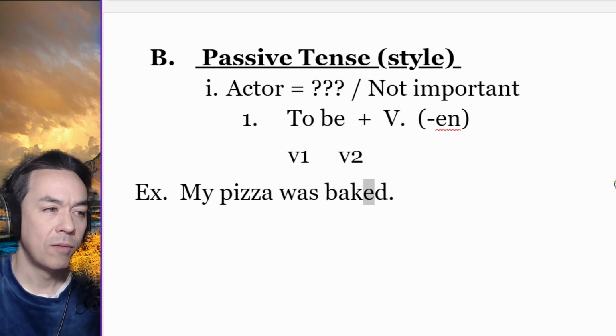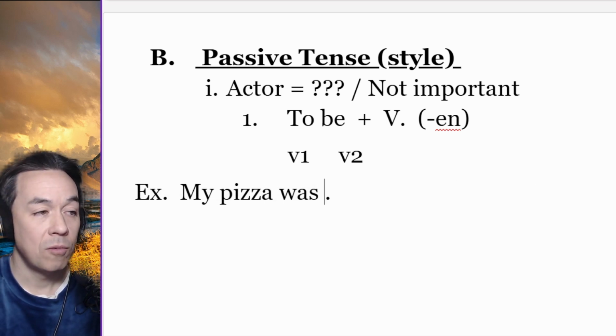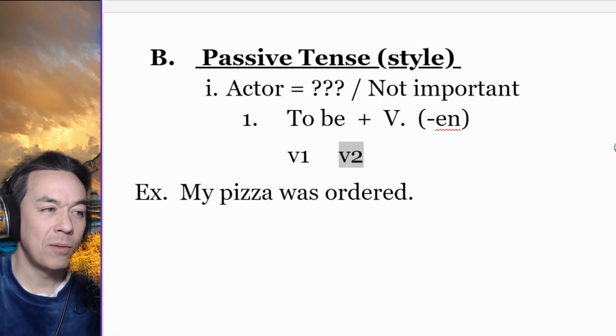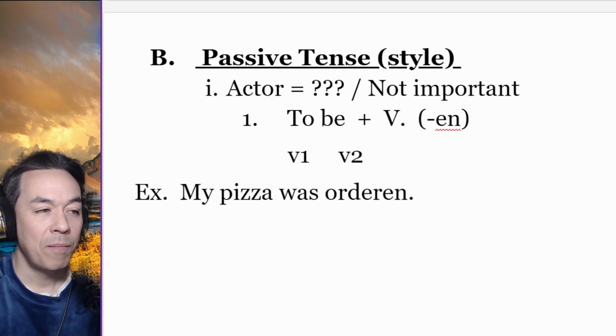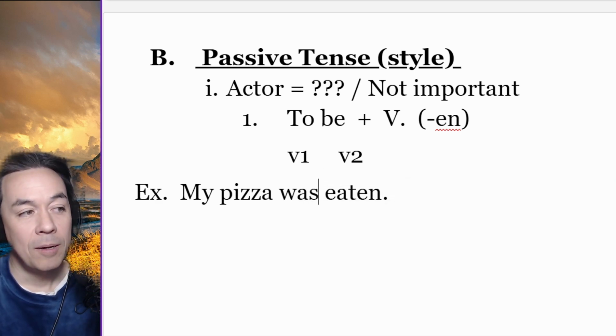So that's a normal baked. All right, or the other strange version, was ordered. Okay, so you have this whole verb. Like, which one is it? Is it the en? Or is it the normal style, ed? Right. So that's why they don't like it.